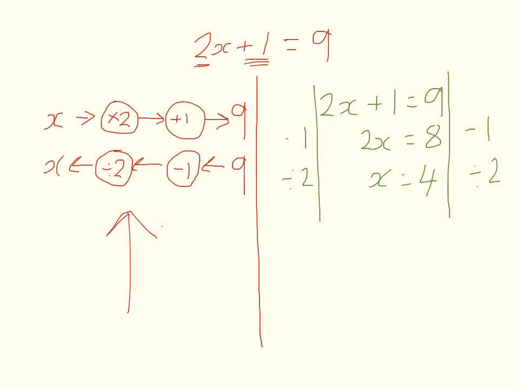So let's go a little bit more complicated. Let's try, I don't know, x plus 2 divided by 3 equals, I don't know, 3. Okay? So let's see how this equation works, and we can work out what order to do things in.